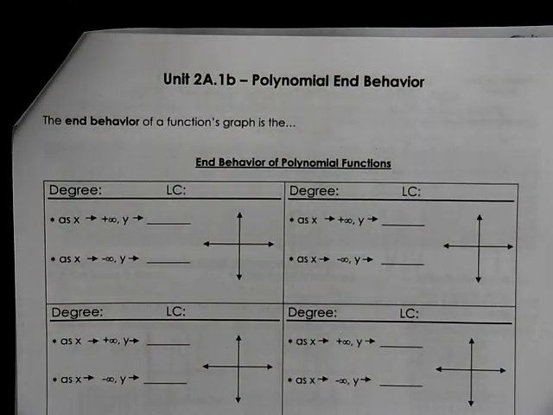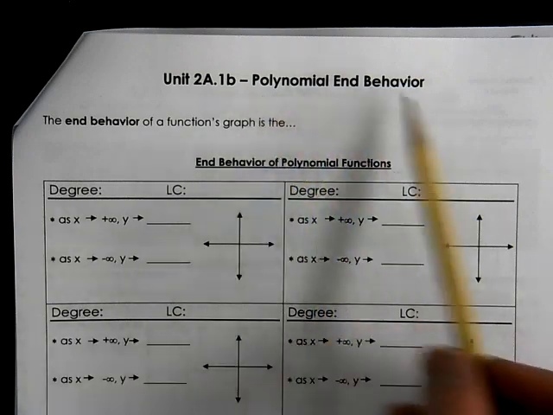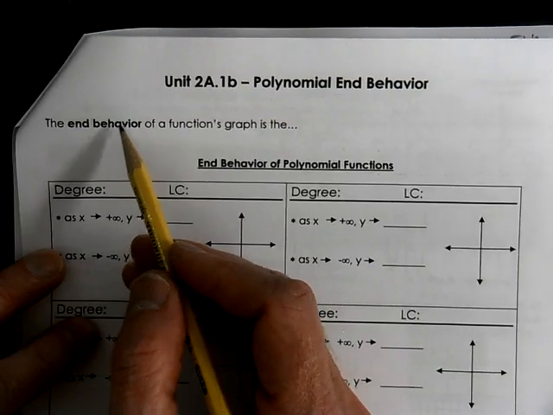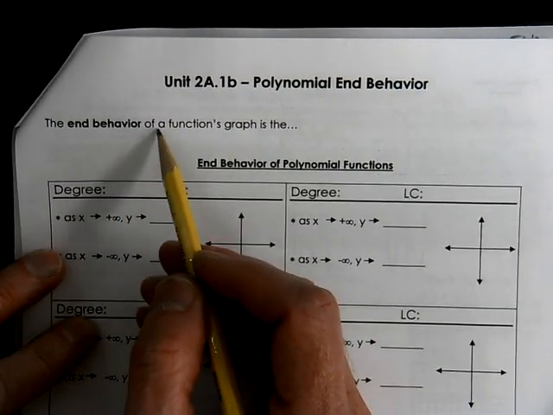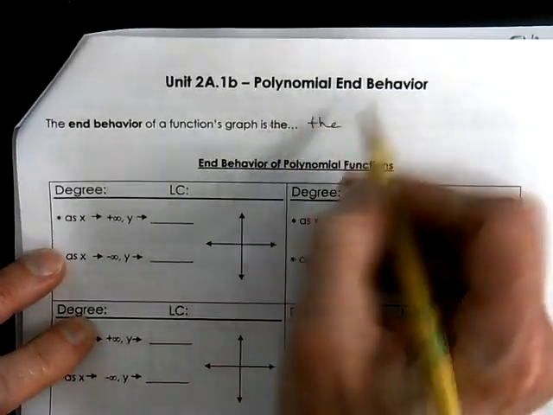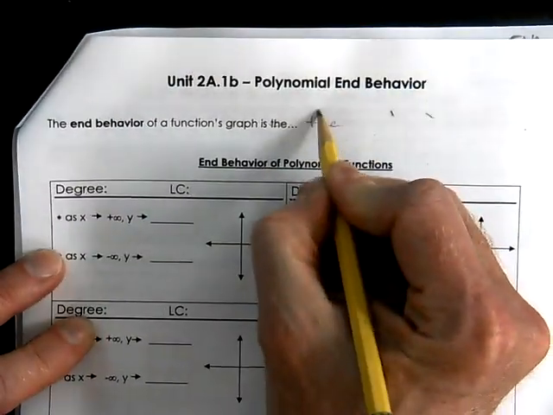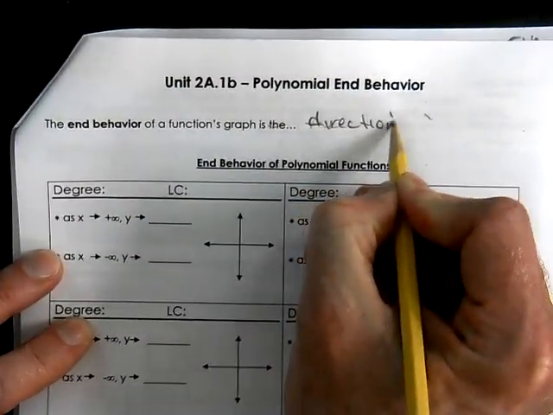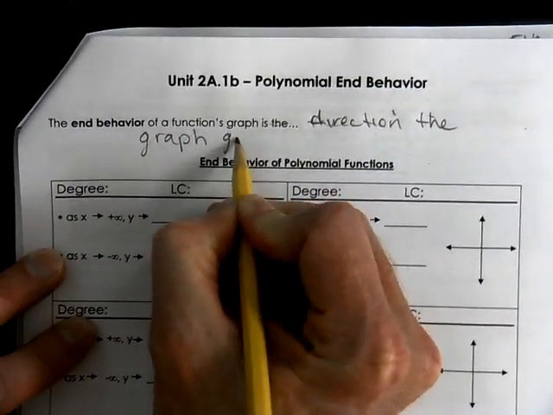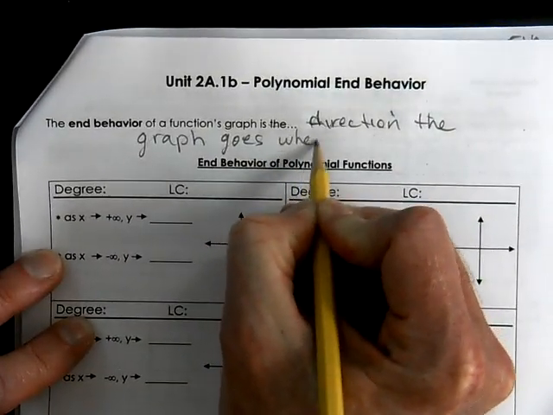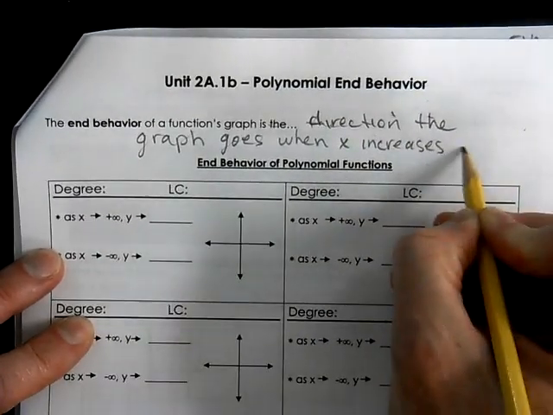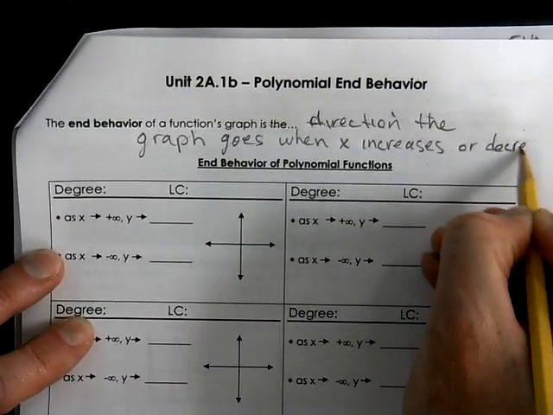This is Algebra 2 and Trig 2A.1b, talking about polynomials and their end behavior. When we discuss end behavior, which we have actually done in the past, end behavior of a function's graph is the direction the graph goes when x increases or decreases.